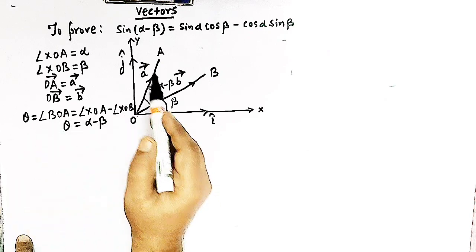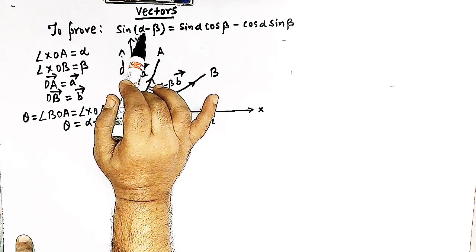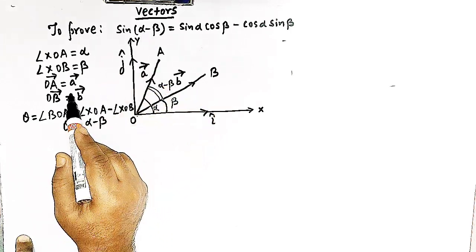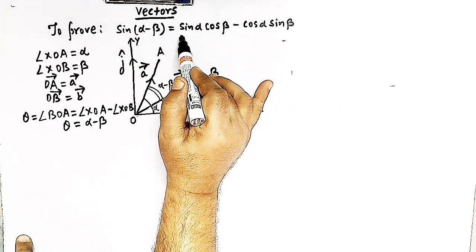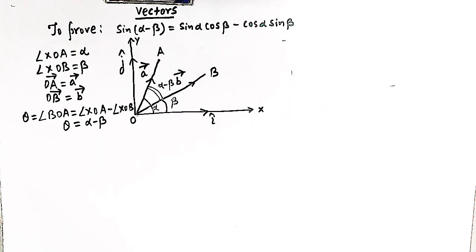So here we have to prove that the sine of the difference of the angles alpha and beta is given by this expression.